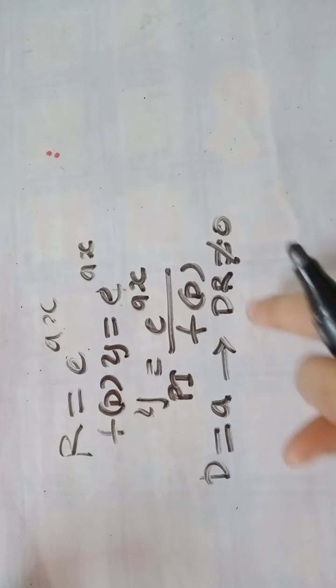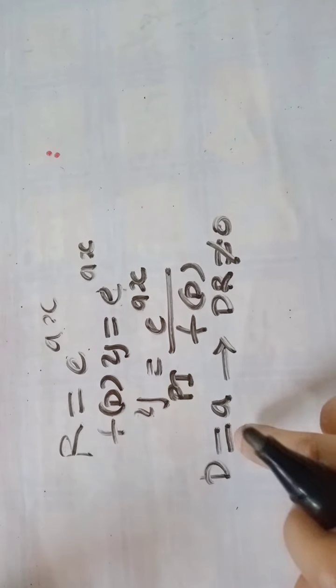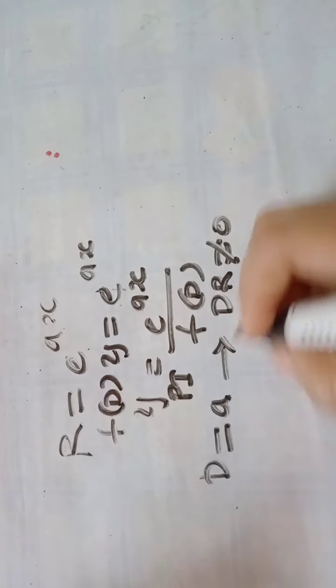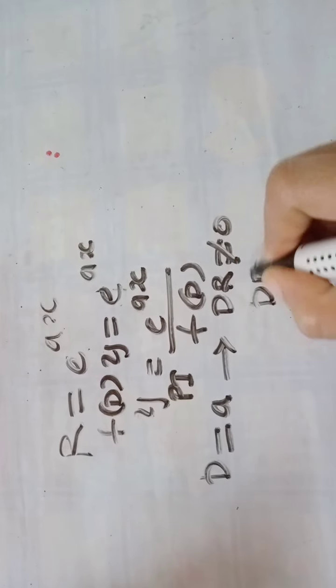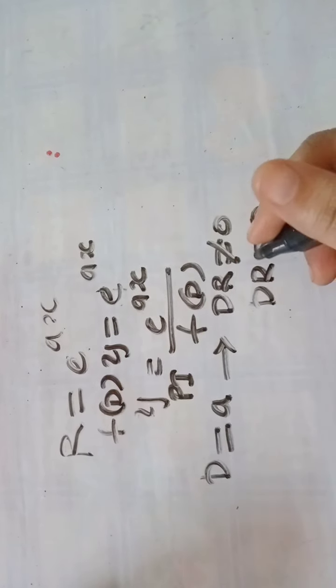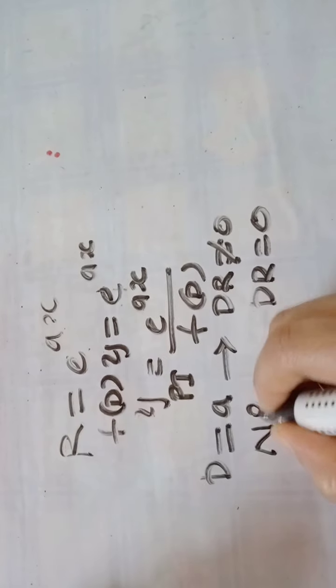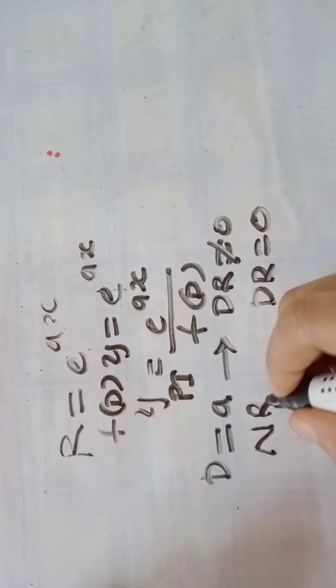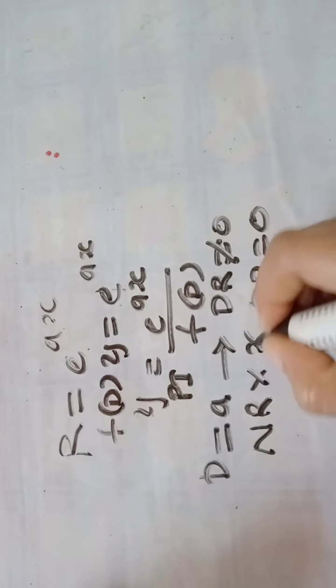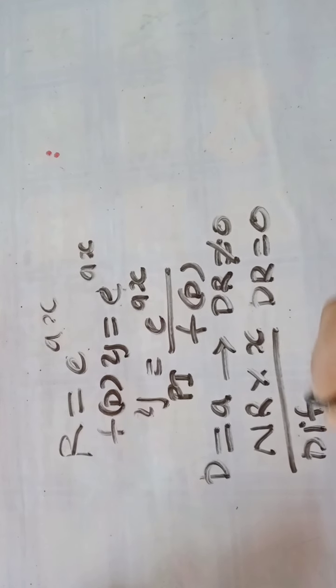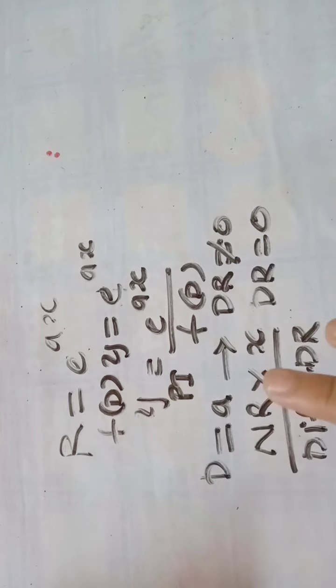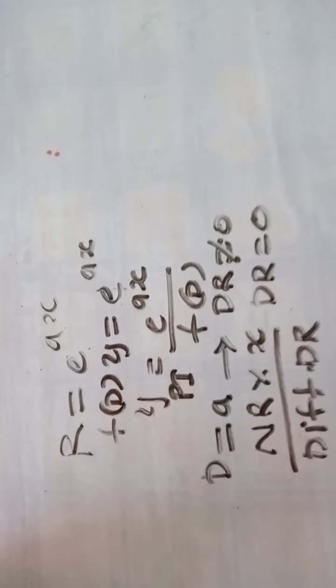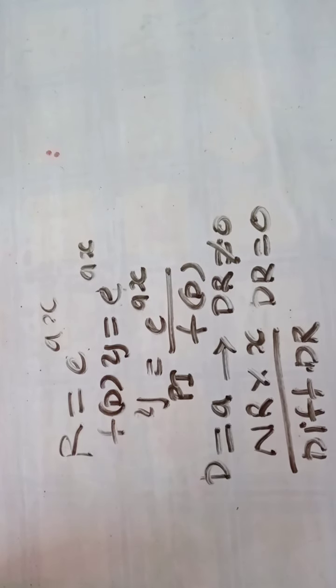For that we have to put D is equal to a. If the denominator is equal to 0, we multiply the numerator with x and differentiate the denominator. So this is the method we choose when the right hand side of the equation is an e raised to ax function, that is, an exponential function.